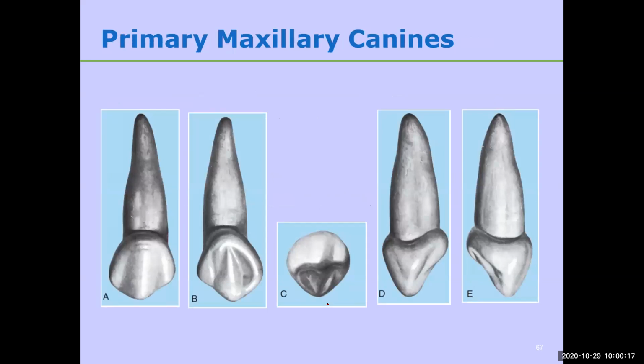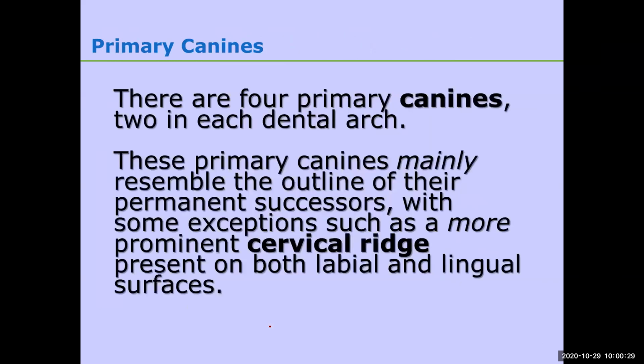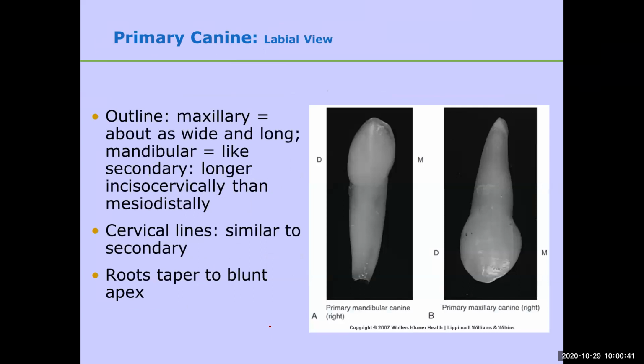The canines. Curvy, curvy. You've got 4 primary canines, 1 in each quadrant. They have a prominent cervical ridge that's present on both the labial and the lingual surfaces. Long roots.